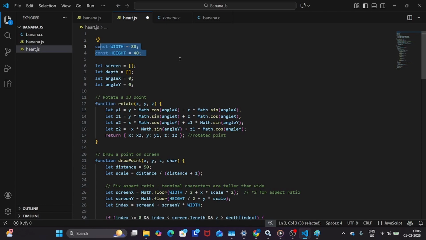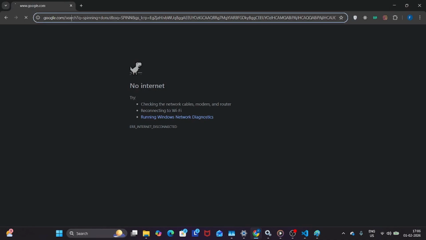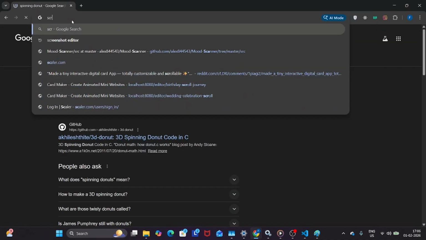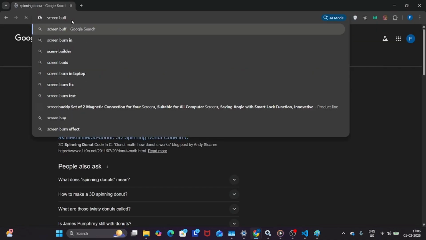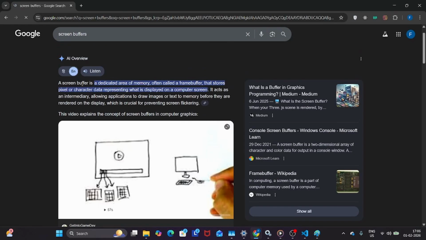Now let's move to screen buffers. It is a very interesting topic. A screen buffer is a dedicated area of memory that stores pixels and can represent a display.